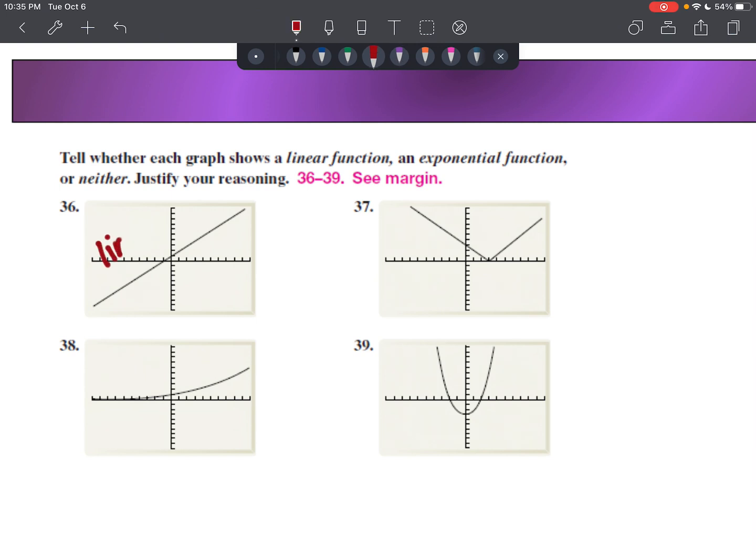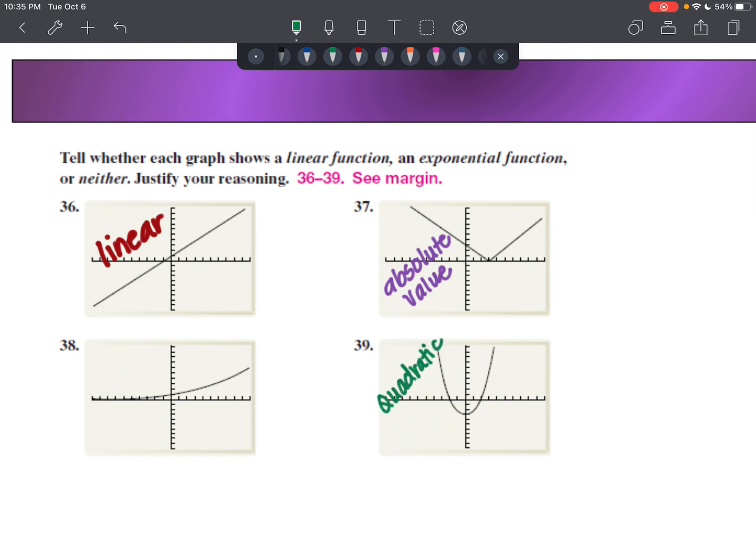Okay, this first one is linear. The second one is absolute value. We know this one, right? This one down below, do you remember what this one was called? This is what we're going to work on.